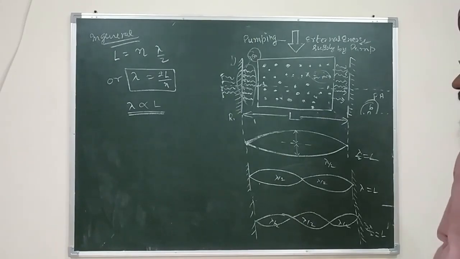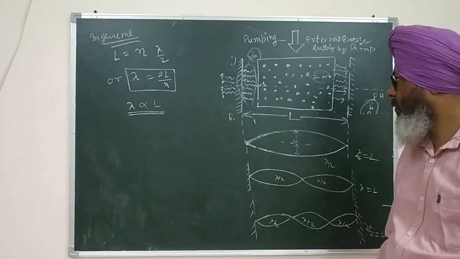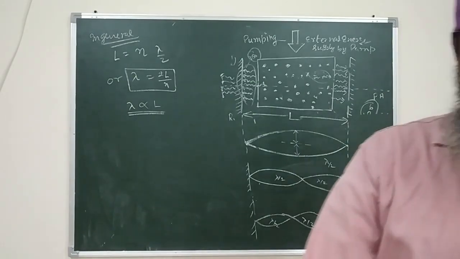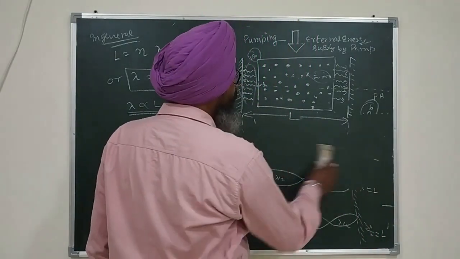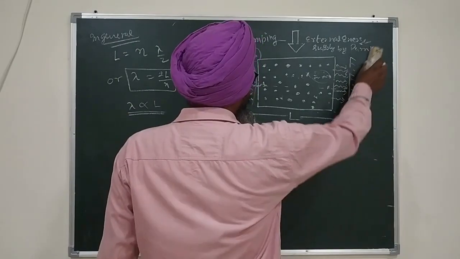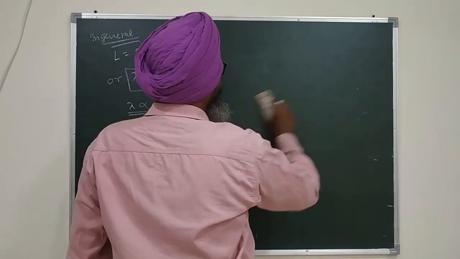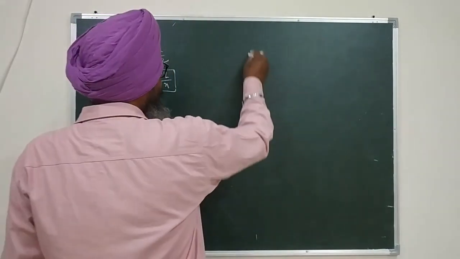Now, whatever story I have just told you so far in this lecture, I would again go to that. Now suppose we have a very disturbing situation in front of us. Let me take that example. I would erase this and redraw it, but the diagram now will be very simple, just to save time.